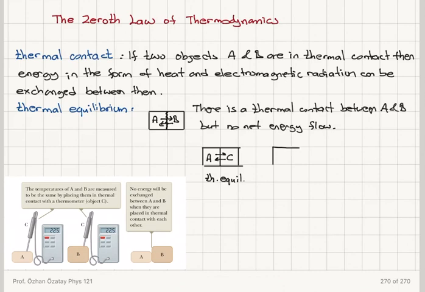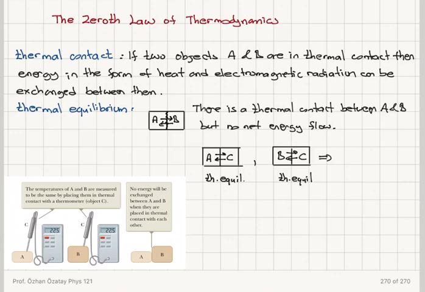Thermal equilibrium has been reached. And then I make a thermal contact between object B and C, and I see that there is no net energy flow. Thermal equilibrium has been reached.